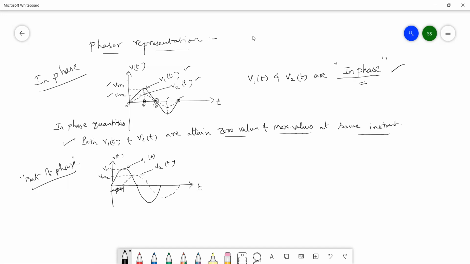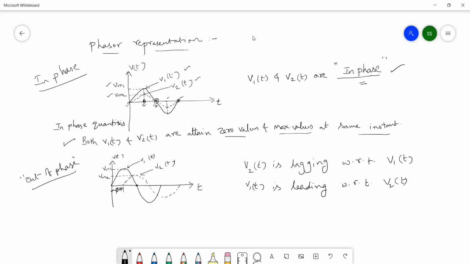V1 started early, so I can call V2 of t lagging with respect to V1 of t, because V1 of t is in the leading position. Or you can rewrite this statement as V1 of t is leading with respect to V2 of t.